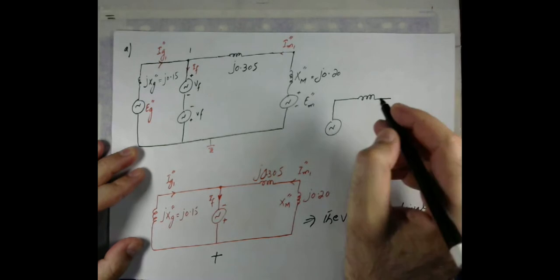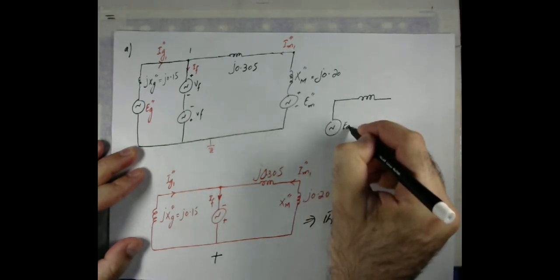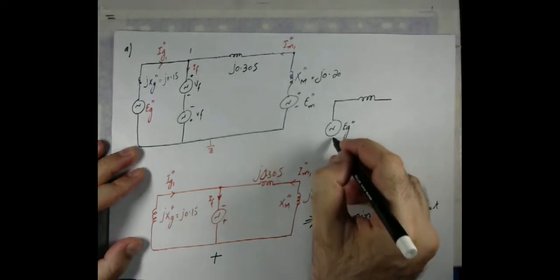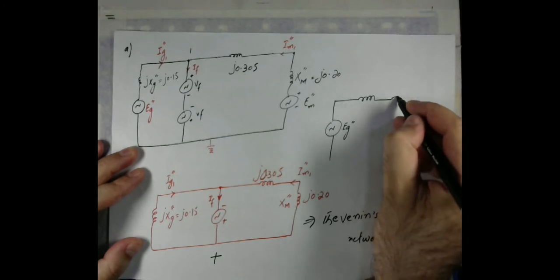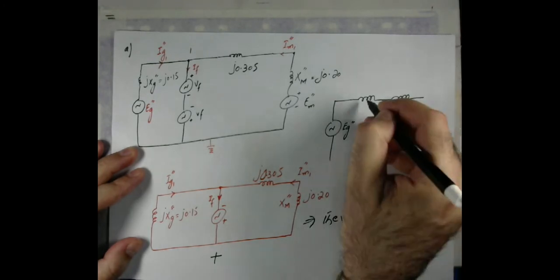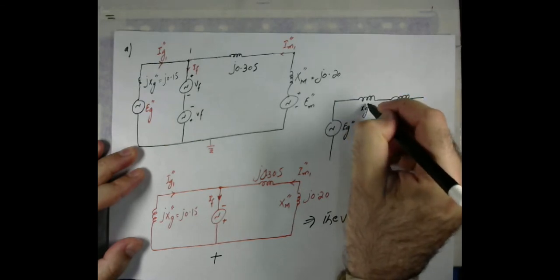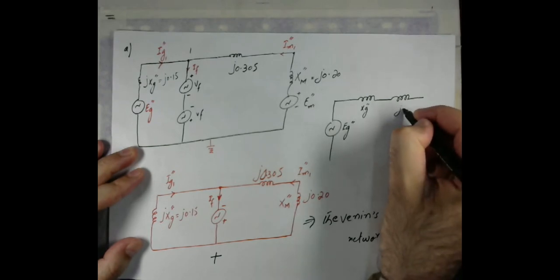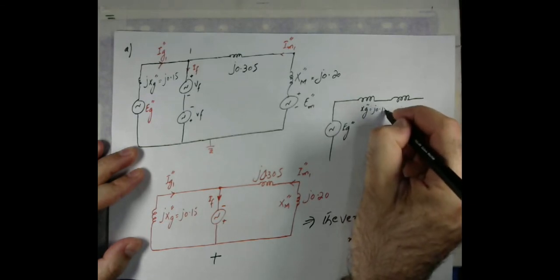So now this is EG double prime, and let's say this is the Xg double prime, and that is the remaining value, 0.15.